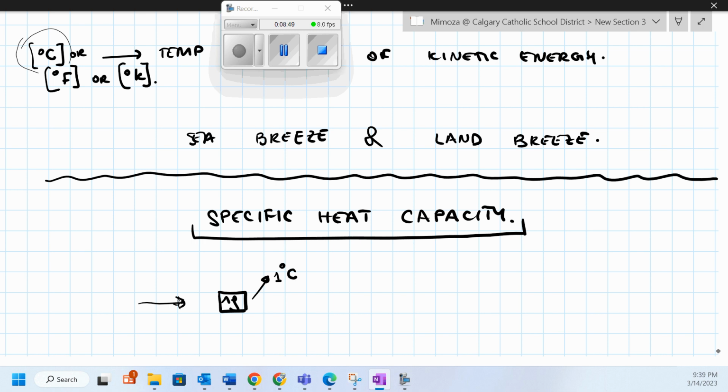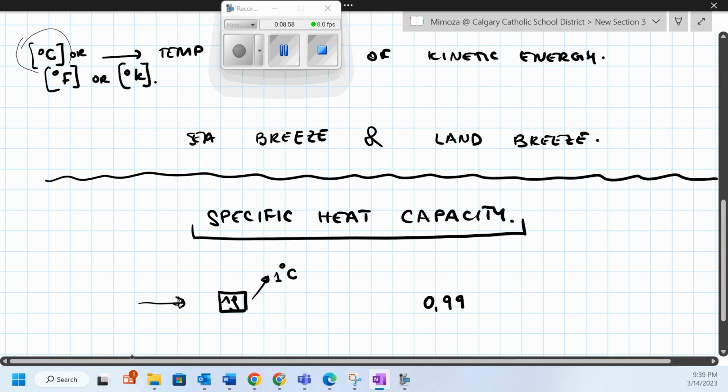The heat that is absorbed is that number. So let's suppose we have 0.99 joules per gram degree Celsius; those are the units of the specific heat capacity.